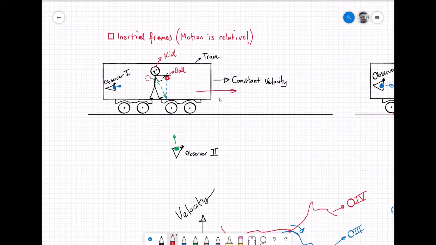In our example, we have a train which is moving with a constant velocity in the horizontal direction, and in that train we have a kid holding a ball in his hand, and we have an observer who is observing the motion of the ball. We also have another observer at the outside of the train, and that observer is also observing the motion of the ball.